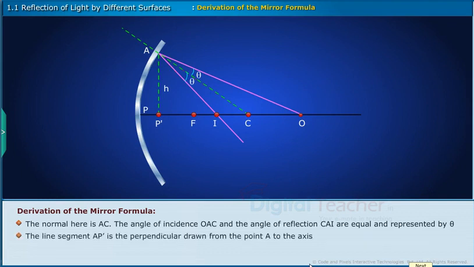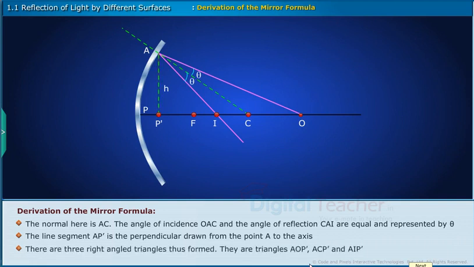The line segment AP' is the perpendicular drawn from the point A to the axis. There are three right-angled triangles thus formed. They are triangles AOP', ACP' and AIP'. Let the incident ray OA, normal AC and reflected ray AI make angles alpha, beta and gamma respectively.